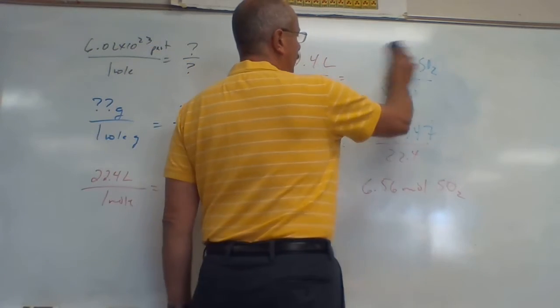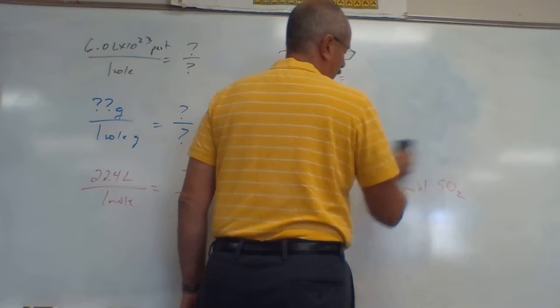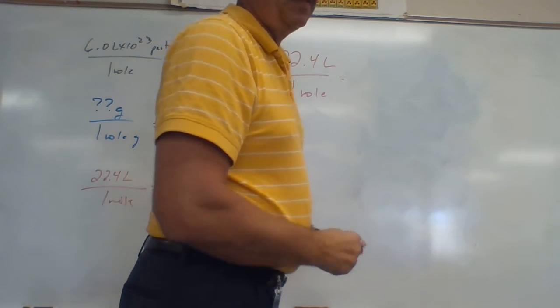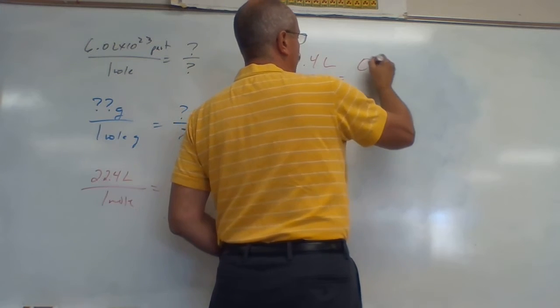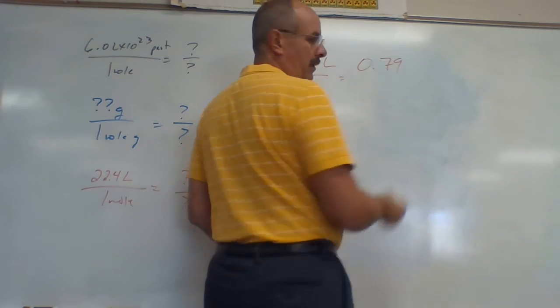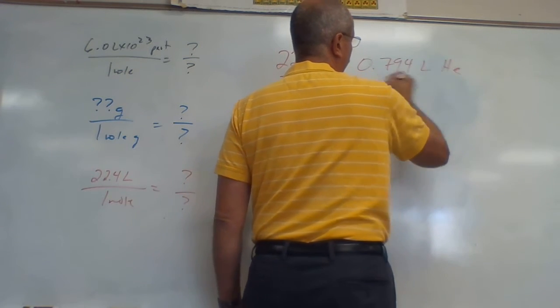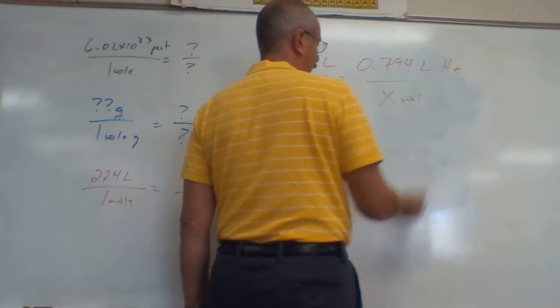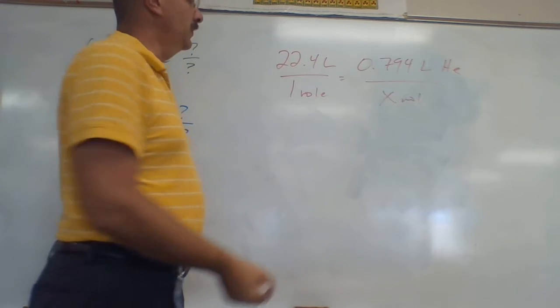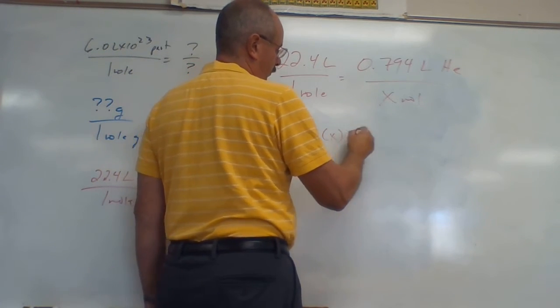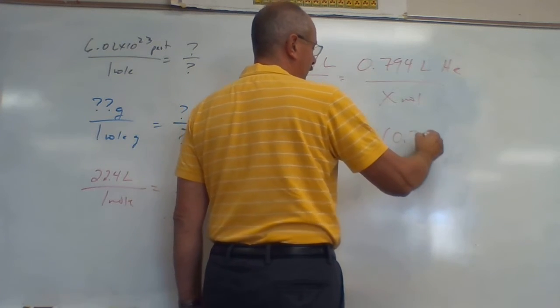All right, let's go to letter B. Letter B, they gave us 0.794 liters of helium, and we want to find out X moles of that. So again, we're going to cross multiply: 22.4 times X equals 1 times 0.794.